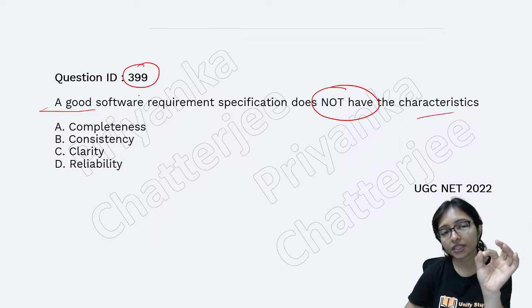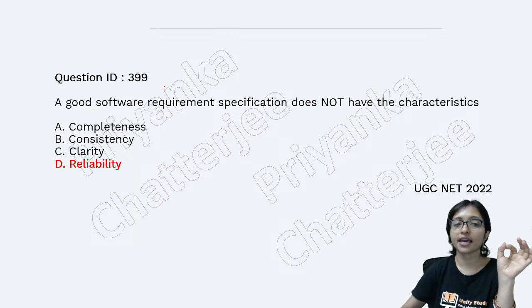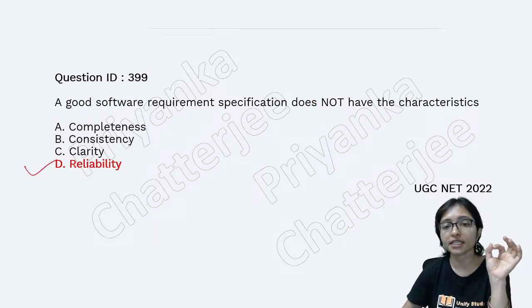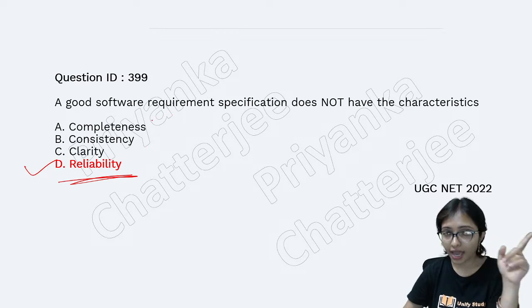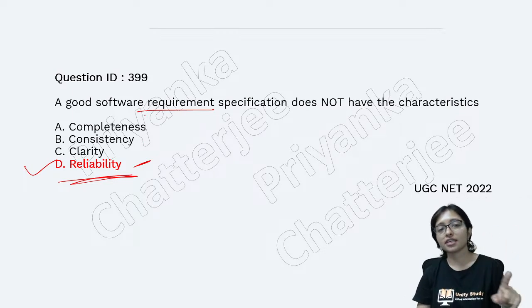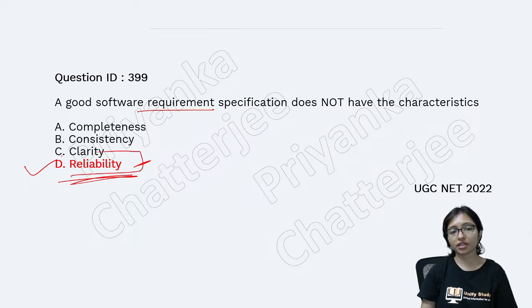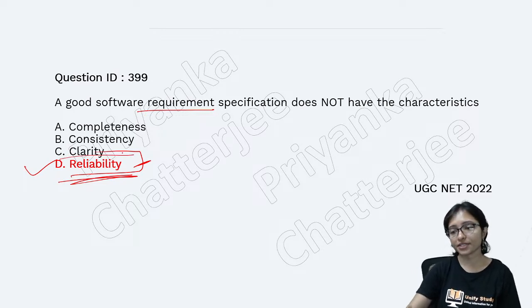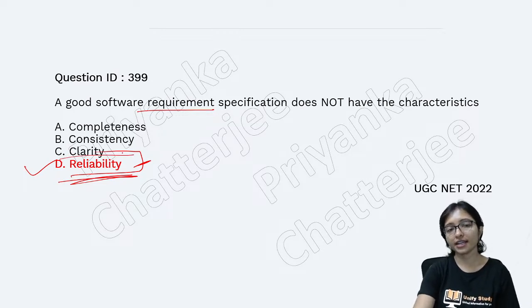Yes, here it is reliability. If you see the SRS requirements, reliability was not there. That is D, not C. The answer is reliability. Not D. Clarity should be there.